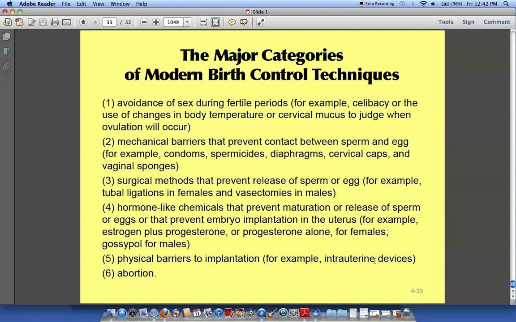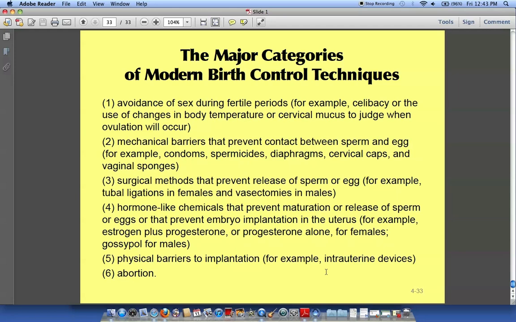And birth control techniques. And we in America have these available, but in other countries, even though we provide other countries with birth control, governments inhibit their people from having access to birth control.